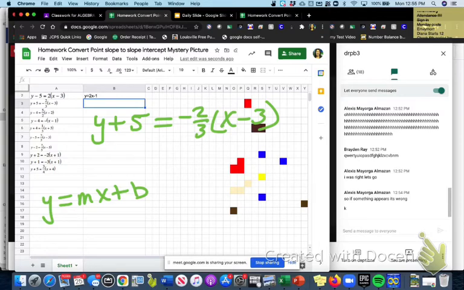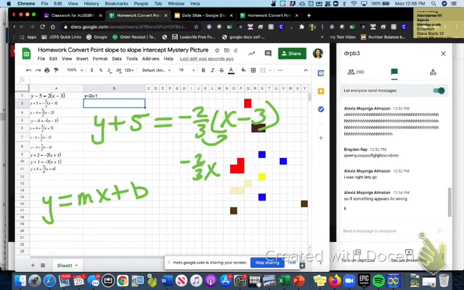Okay, so the first thing we need to do once again is ditch those parentheses. We need to do that by doing the distributive property. The first part of the distributive property is pretty easy. For negative 2/3 times x, we'll just write the negative 2/3 and the x sitting next to each other.